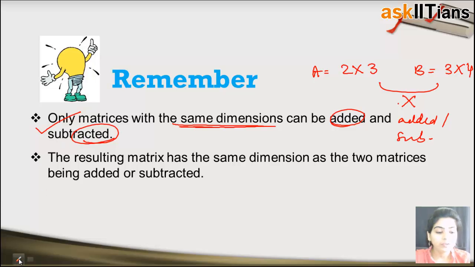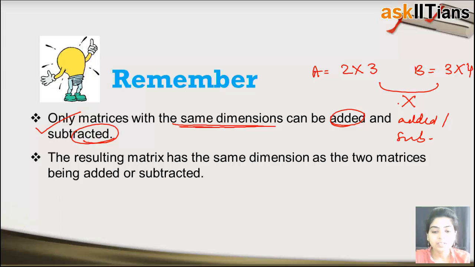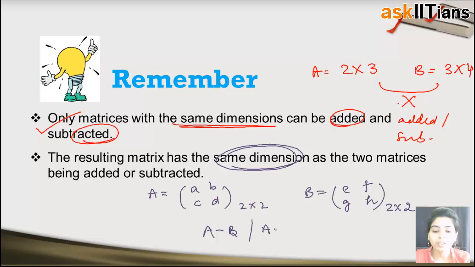The second one is that the resulting matrix has the same dimension as the two matrices being added or subtracted. What does that mean? That simply means if I have a matrix A equal to A, B, C, D, which is a 2 cross 2 matrix, and matrix B equal to E, F, G, H, again a 2 cross 2 matrix, then A minus B or A plus B will give another matrix.